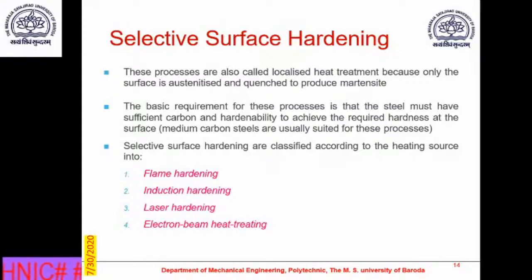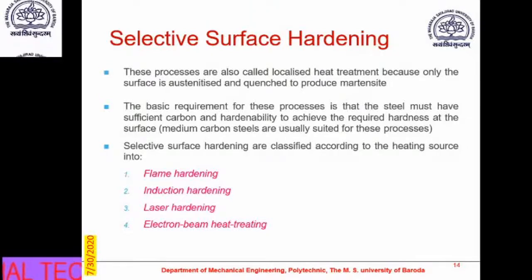Selective surface hardening is also classified according to the heat source, that is, the method used for heating the local surface. One of them is flame, and it is called flame hardening.